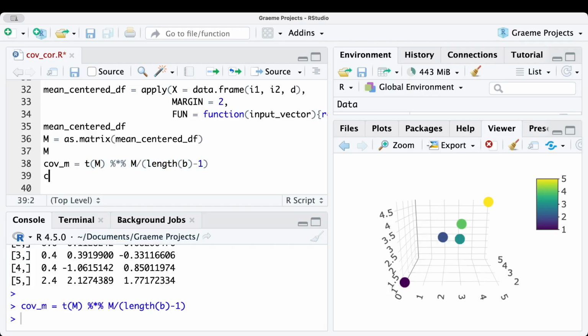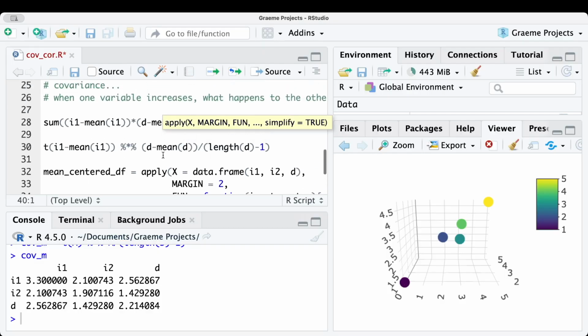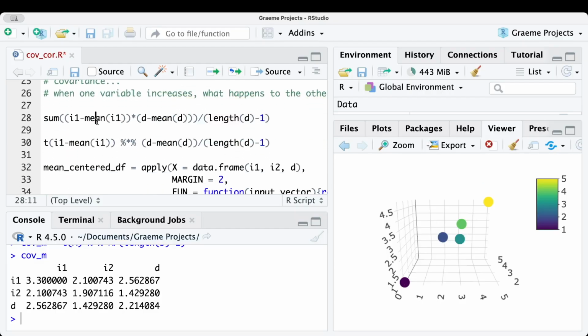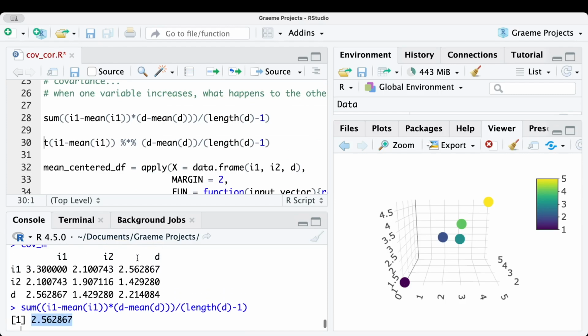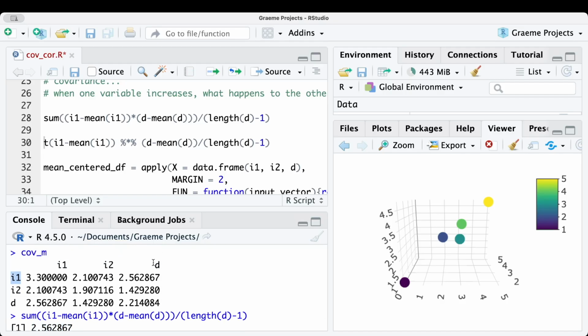And so then we can have a look at this, and this should be a matrix of the covariances. So here we can see we calculated the covariance for I1 and D before here. So we can look at that and see we have 2.56, and I1 and D have the covariance here of 2.56 as well.